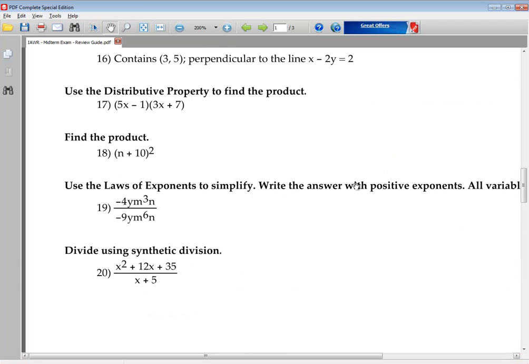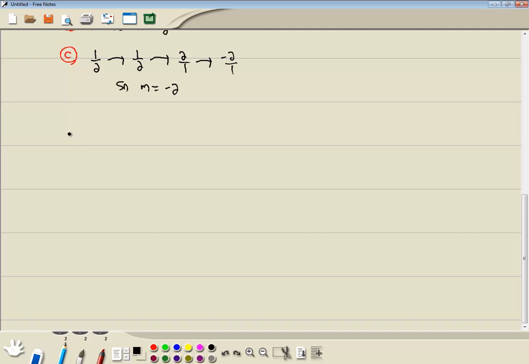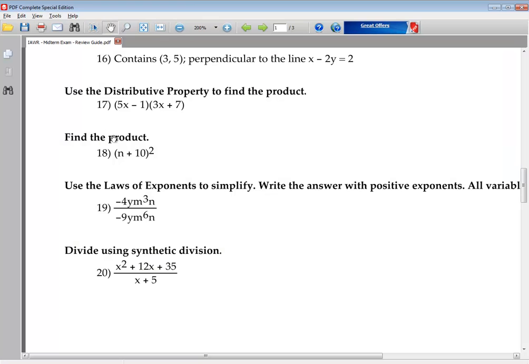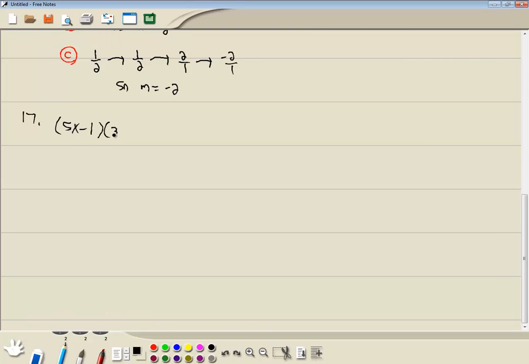Okay, let's look at number 17. 5x minus 1 times 3x plus 7. Okay, we're going to take our first term, this 5x, and multiply it times the first term over here and times the second term.